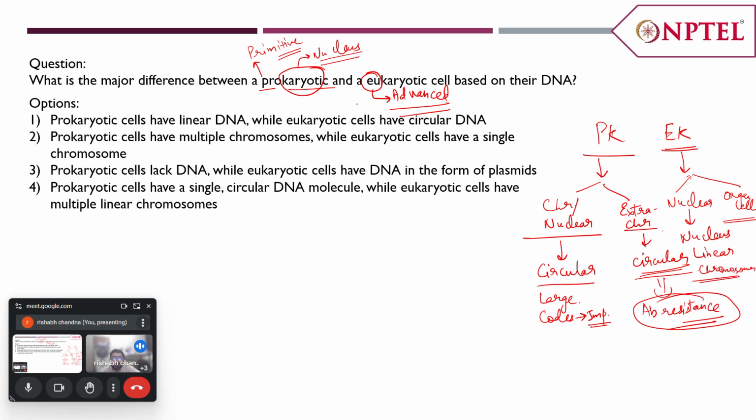The number of chromosomes varies in different organisms. But in case of prokaryotes, if we ask how many chromosomes of genomic DNA are present, that will be only one, because that is the major nuclear DNA that is present.